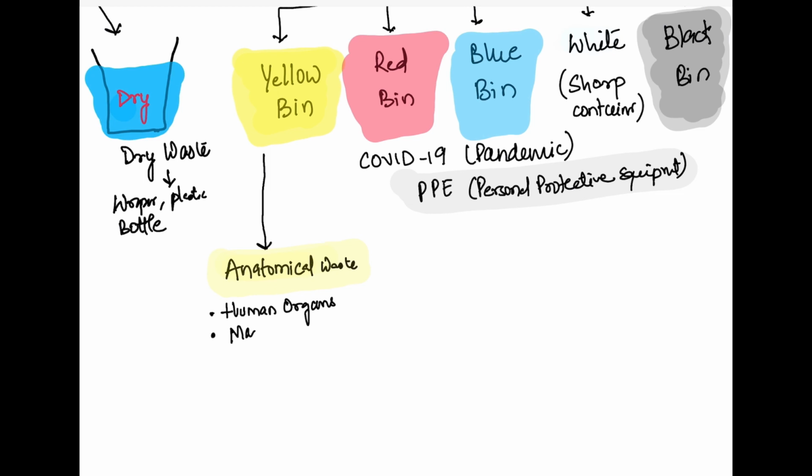The mask, then the cap, then the gown. This is what we are putting in the yellow bin. All the dressings, bandages, and soiled plasters we are putting into it. Also, very important, the blood-containing residuals.